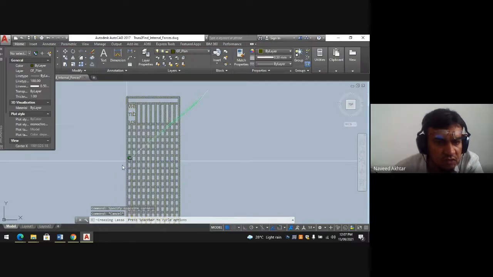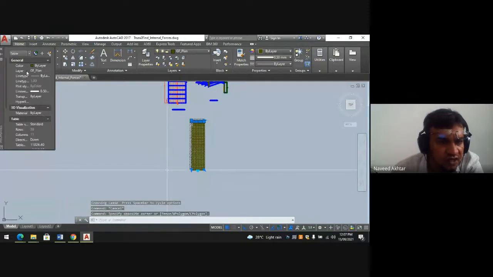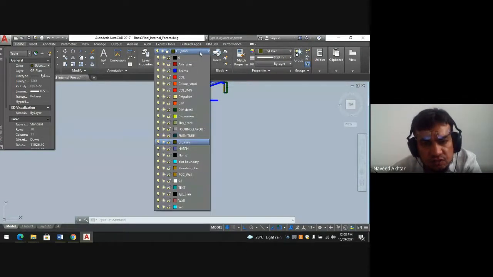Select the column and decrease the font size. Change the layer. This is the layer, blue.